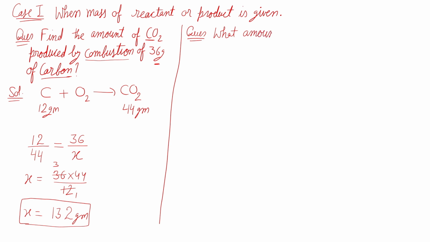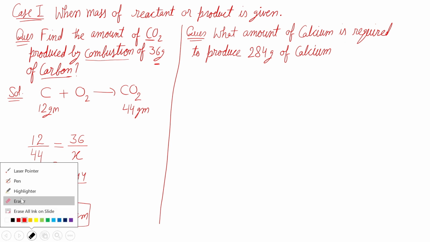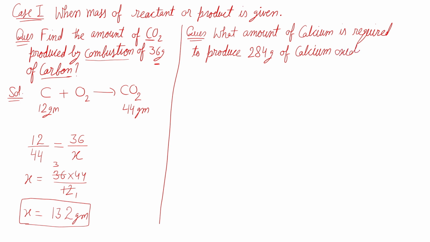What amount of calcium is required to produce 284 gram of calcium oxide on reaction with oxygen?